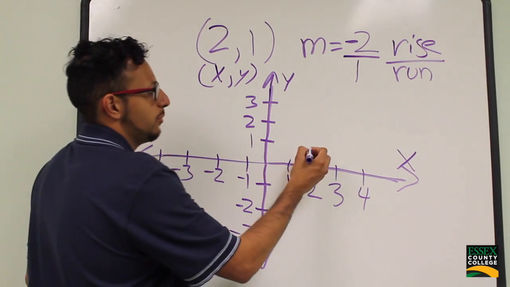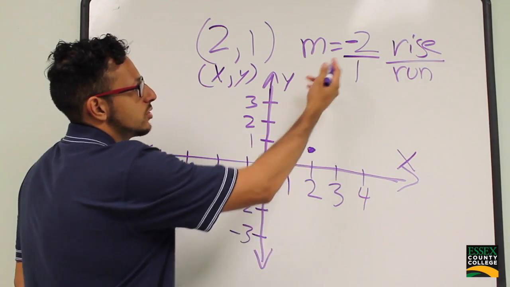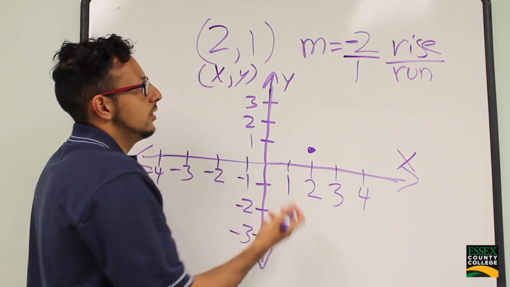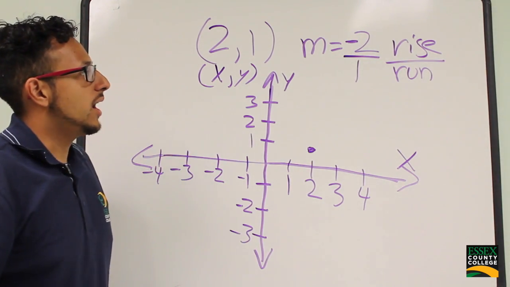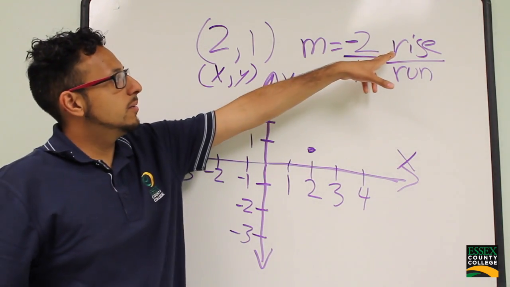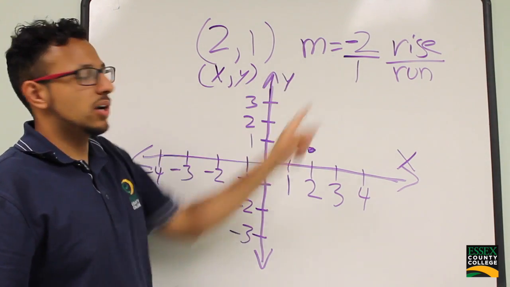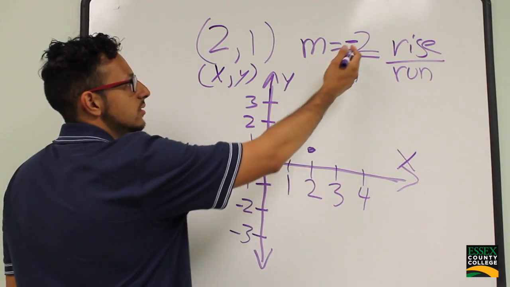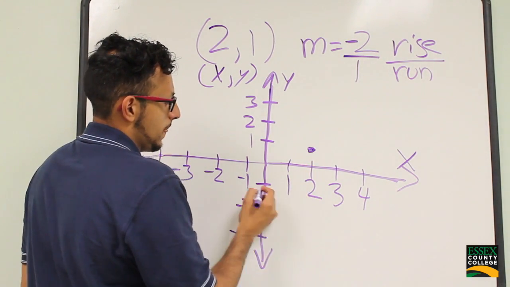So when we start at the point they give us, (2, 1), we're going to use the slope to graph the line. Here the top number is -2, so that means it's a rise of -2. Rise means going up, but since there's a negative, we're going to go down. So we go down 2. From here we go down 1, 2.